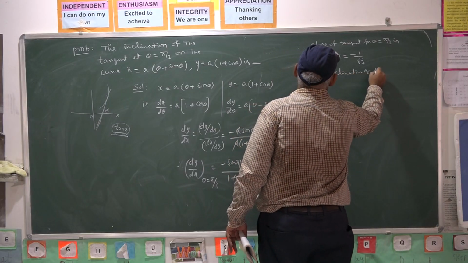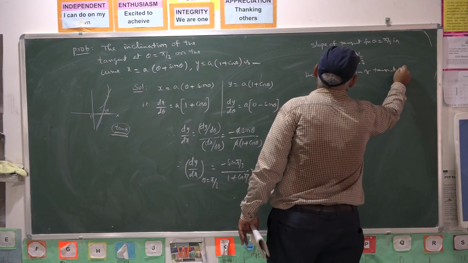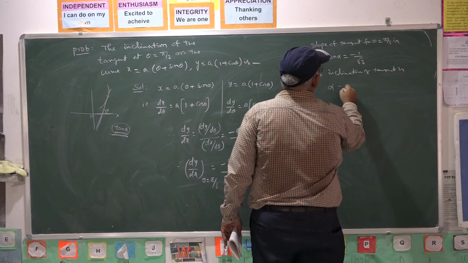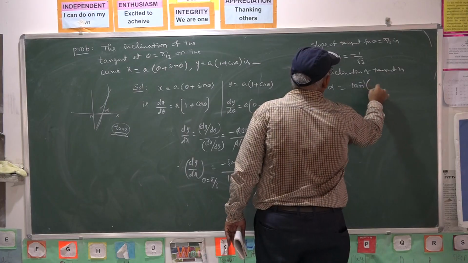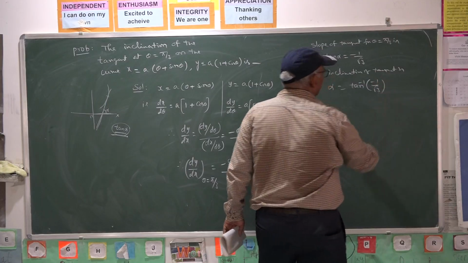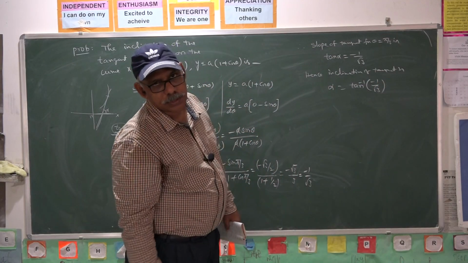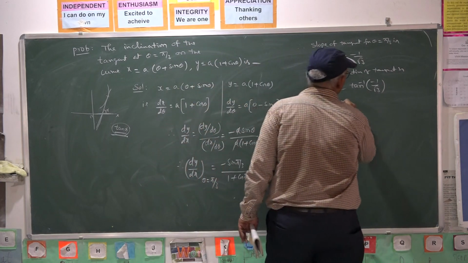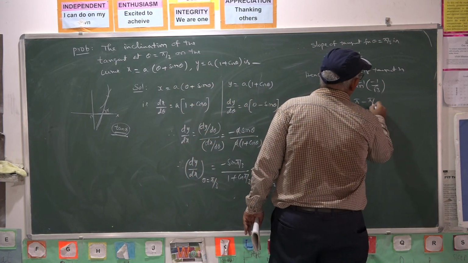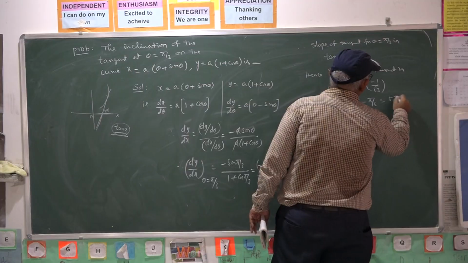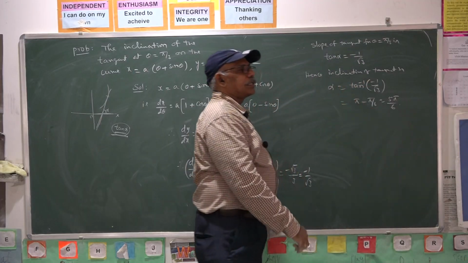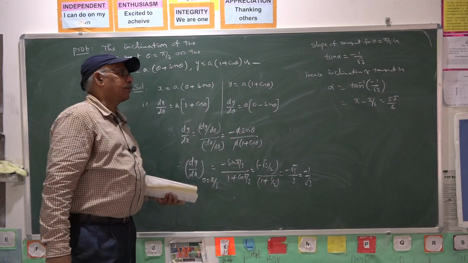Inclination of tangent is alpha equal to tan inverse of minus 1 by root 3. Tan inverse of minus 1 by root 3 is pi minus pi by 6. The inclination is always less than pi.